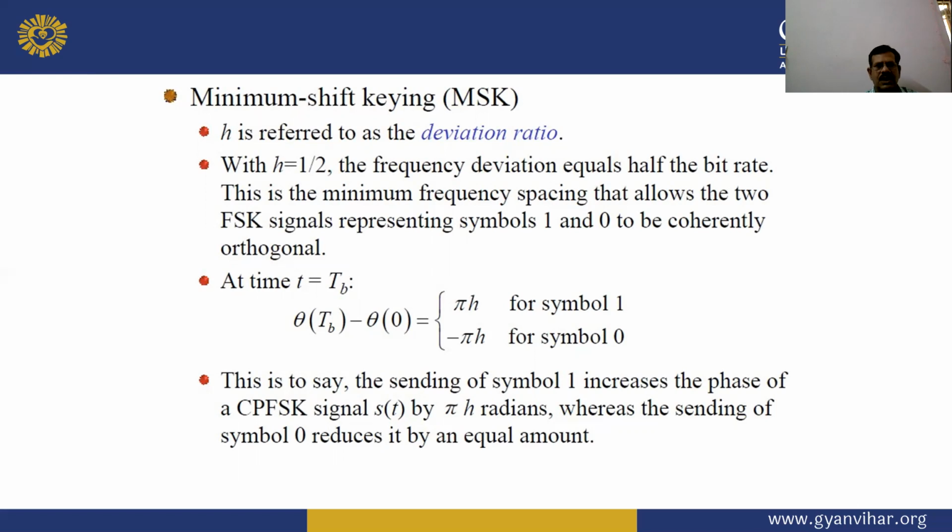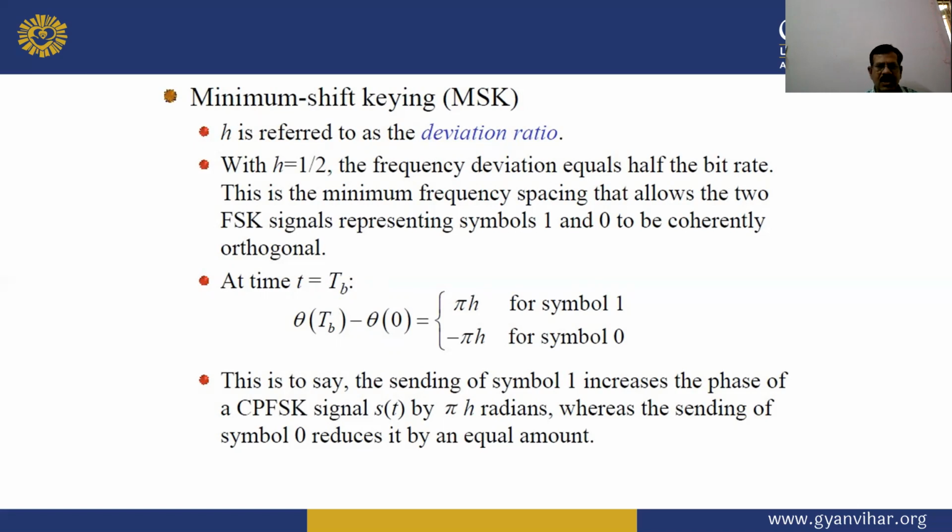With h equal to 1/2, the frequency deviation equals half the bit rate. This is the minimum frequency spacing that allows the two FSK signals representing symbols 0 and 1 to be coherently orthogonal.